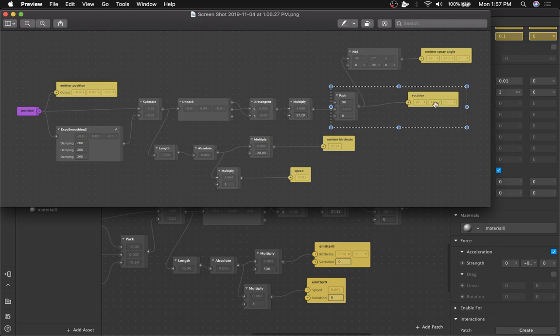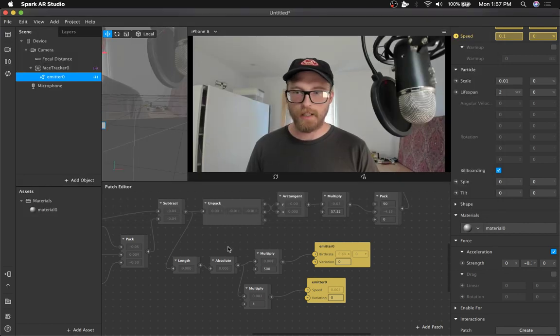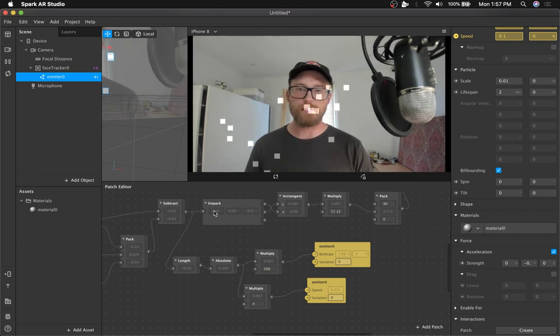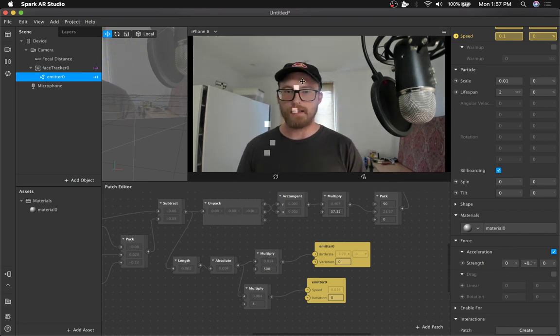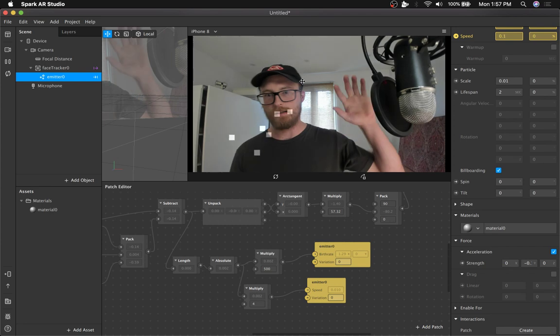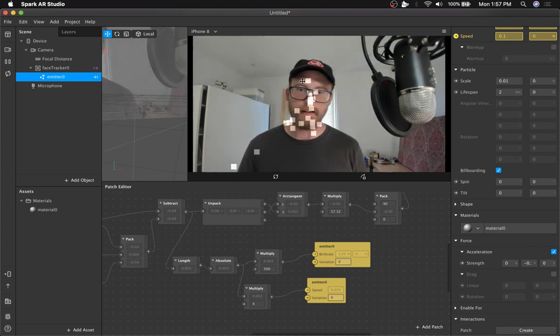Yeah, I don't know. You can set rotation. I don't know why I did that, honestly. But yeah, I'm going to put this up on GitHub so you guys can play around with it. The same technique could also work for hand tracking. You could push particles around with your hand. Could be neat.